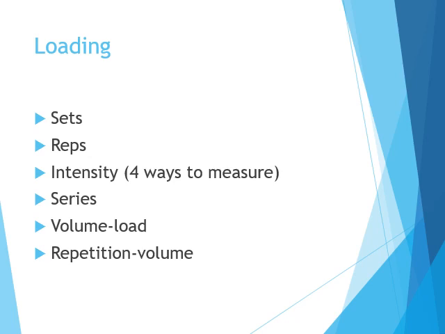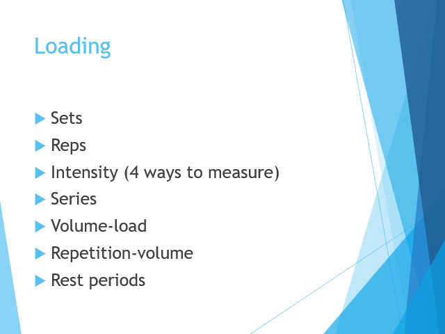So you simply take your sets by your reps, add it all up, and that gives you your repetition volume. So the difference is that volume load looks at how much weight you're doing, whereas repetition volume looks at how many total reps you've done.